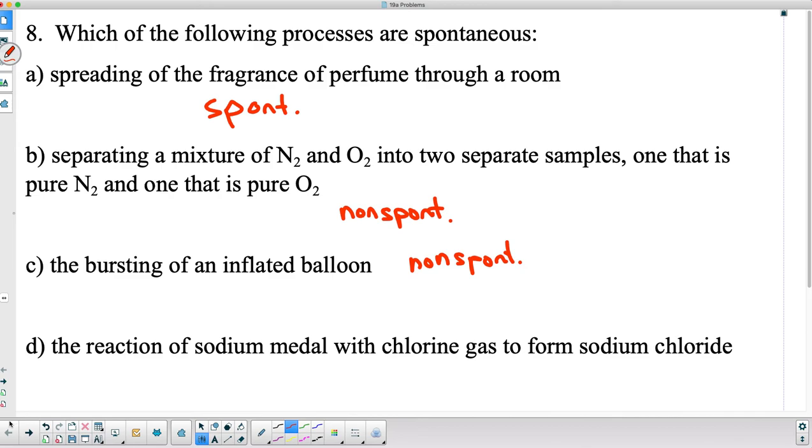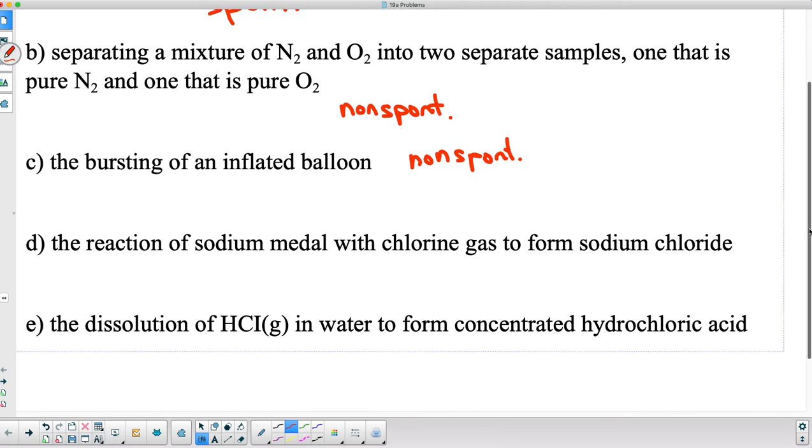So there's one more here then for letter E. The dissolution, do not be confused by this term. This just means dissolve. So the dissolution of HCl gas in water to form concentrated hydrochloric acid.